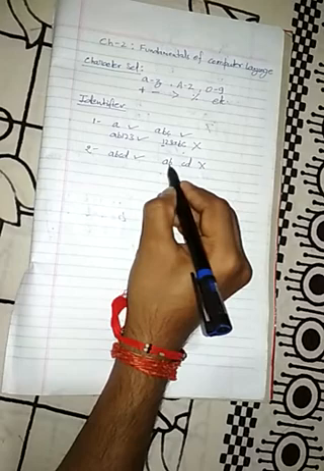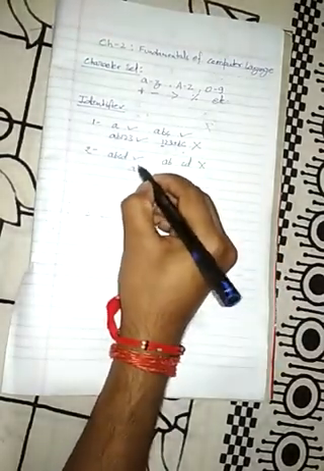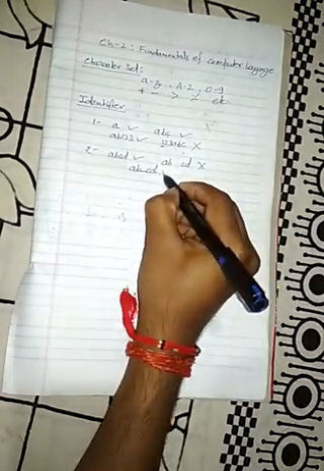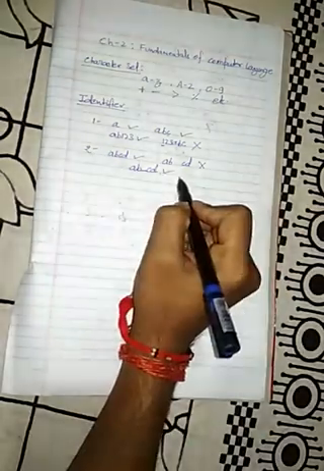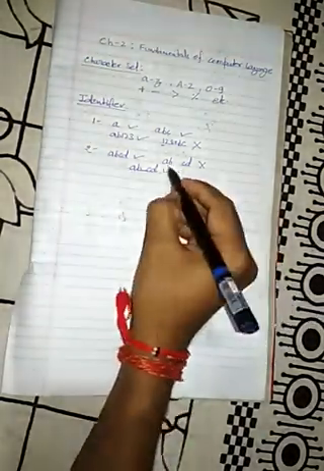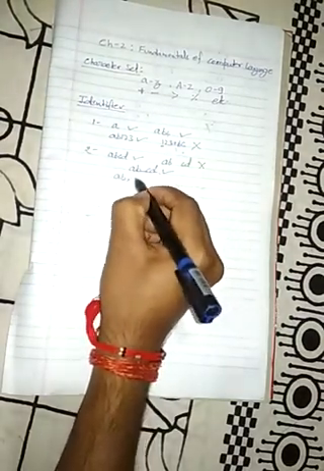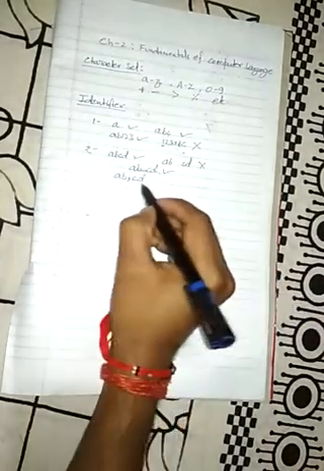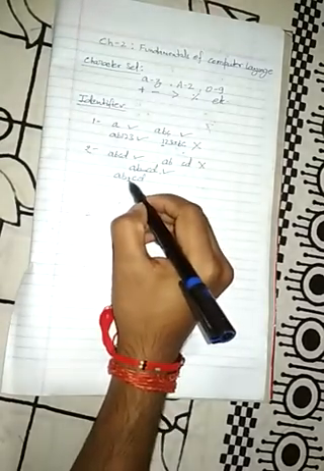If you want to make a gap, then you have to write AB underscore CD. It will be okay. If you are using any other character like AB comma CD, this comma sign will separate these into two forms. It means it will be considered as two identifiers.